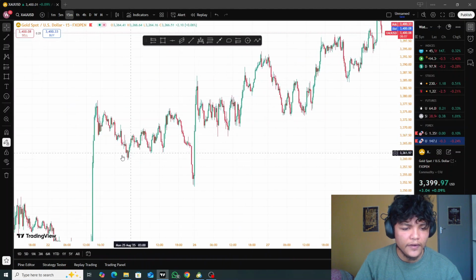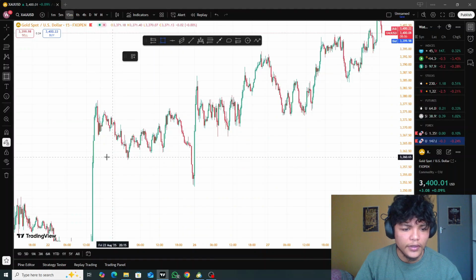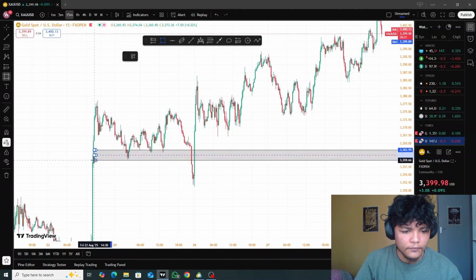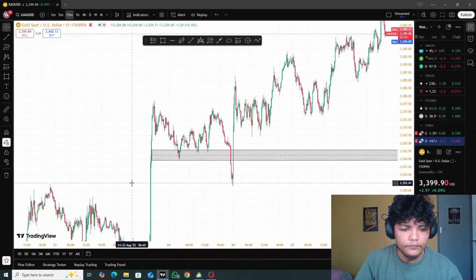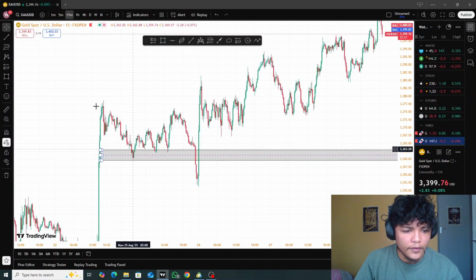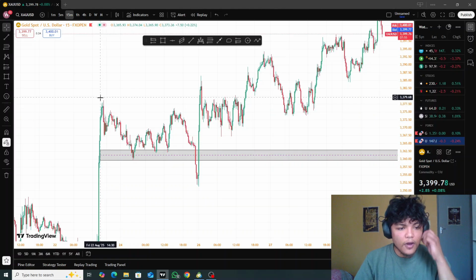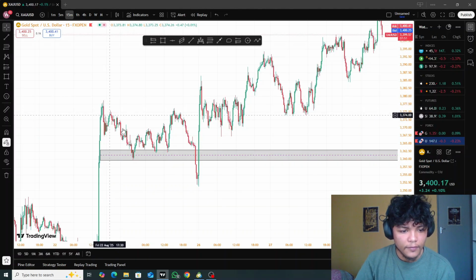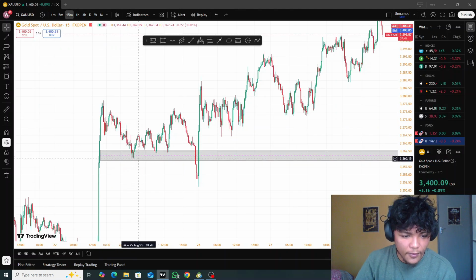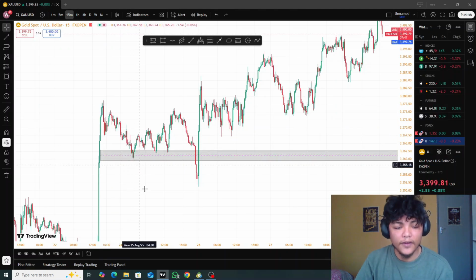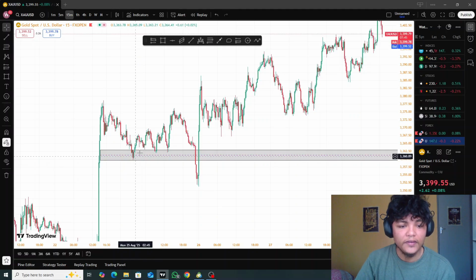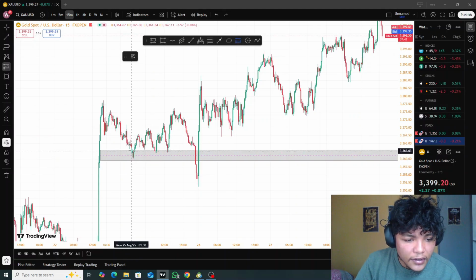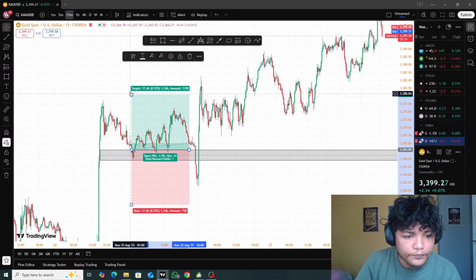Okay, so here we have another liquidity grab right there. So something stopped the market from going further up. The market came down, something stopped the market from going further down. So now buyers, they are going to target a 1 to 3 risk reward ratio right here.